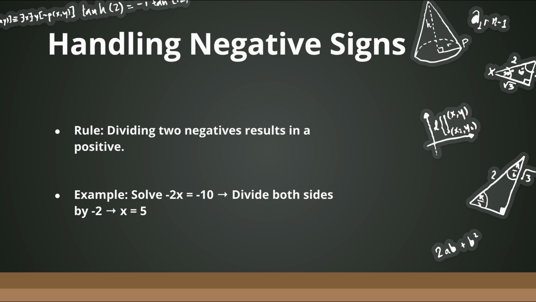Here's an example: solve negative 2x equals negative 10. The first step is to divide both sides by negative 2. Doing that gives us x equals positive 5, because dividing two negatives cancels out the negative signs.